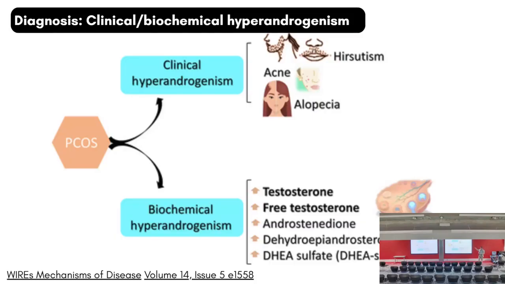The reason that this is happening is because there is a change in the amount of testosterone or free testosterone, androgen, DHEA, these are all hormones associated with testosterone. In fact, these are pro-hormones which eventually go on to be converted into testosterone.